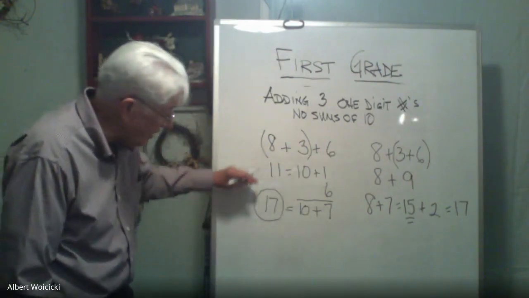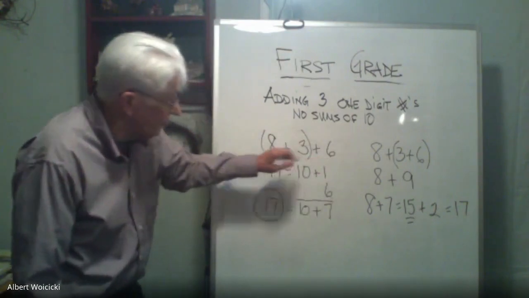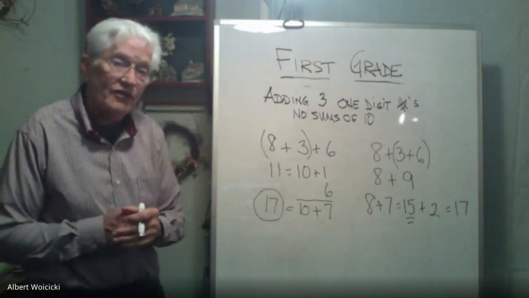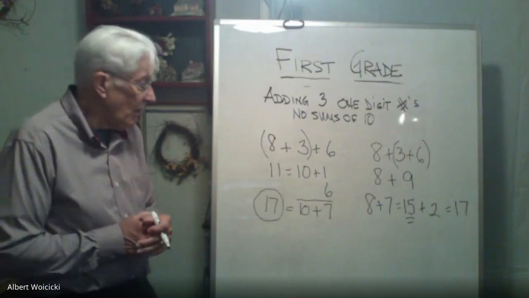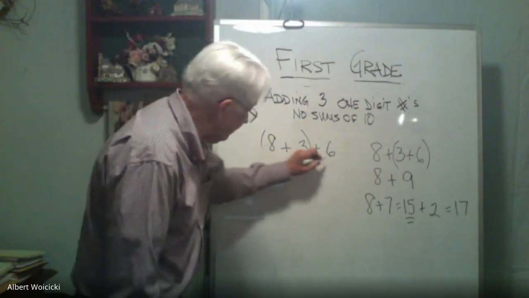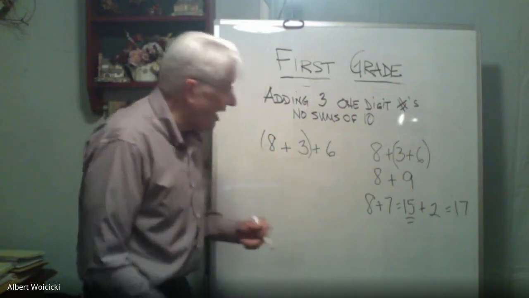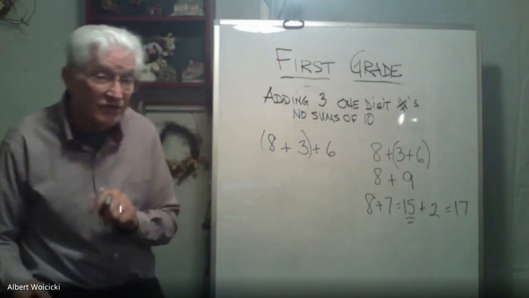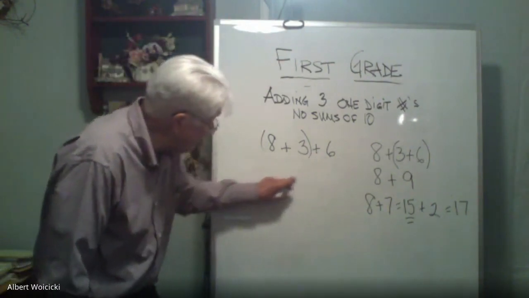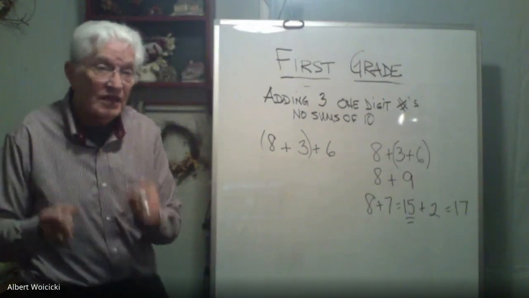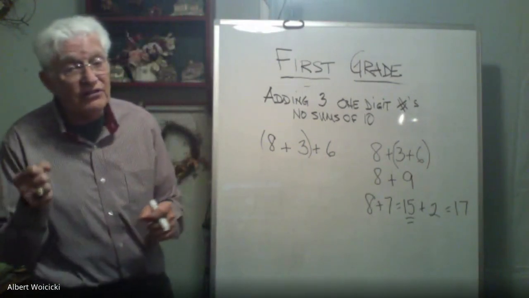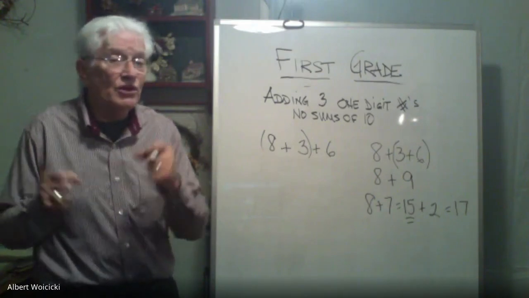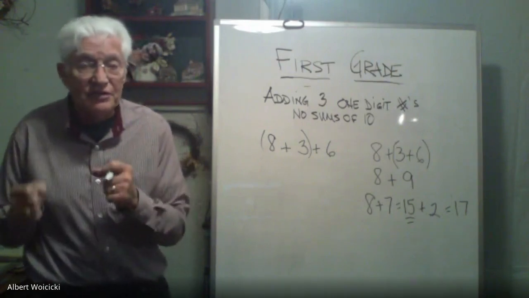So I've associated the 8 with the 3 with the 6. I just haven't associated the 8 with the 6. Well, let's associate the 8 with the 6. And I realized that 8 plus 7 is 15. But 6 is 1 less than 7. And so I know that 8 plus 6 is 14. And this again must be practice that's taking place in your classroom. I think that this is something you've been doing many, many times. 8 plus 6 is 14.